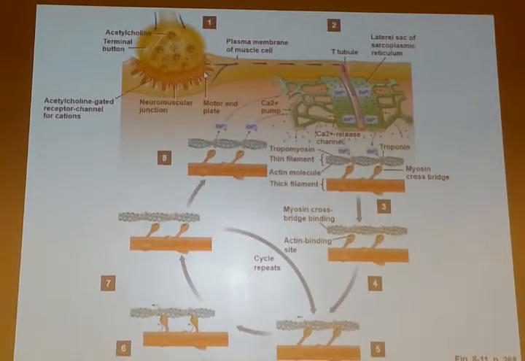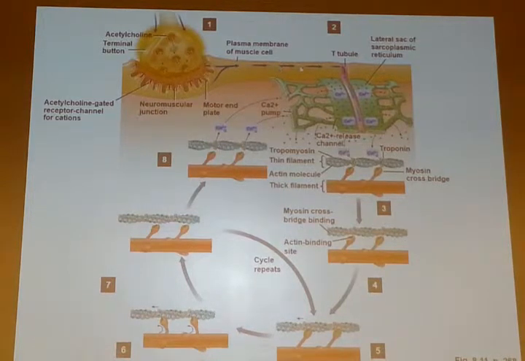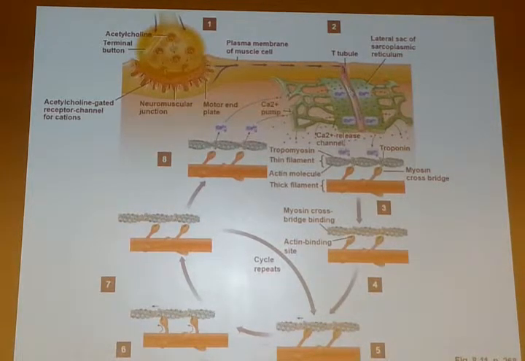That creates a local potential that if there's enough positive charge created by the local potential, then action potentials will be generated in the plasma membrane. When the action potential arrives at a T-tubule, then it can start to depolarize dihydropyridine. Dihydropyridine activates ryanodine. Ryanodine channels open, calcium comes out.